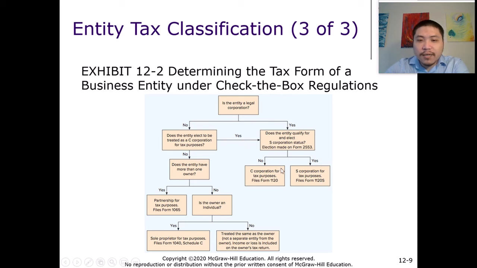If the business is treated as a C corporation, then the C corporation has to have its own tax return, and the corporate tax rate applies. Sometimes I say the C corporation is the only one that has its own tax return; by that I mean the return tells you how much they need to pay tax on.